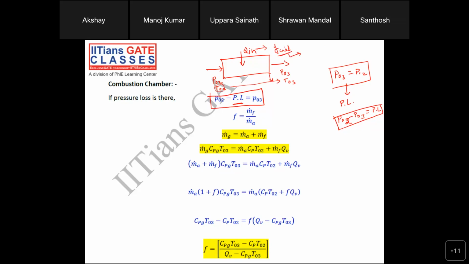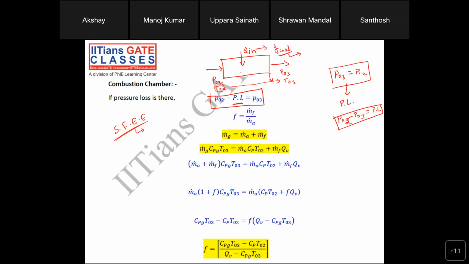For that, we will start from our fundamental understanding of how the energy equation works. Basically, we will call it SFEE. What is SFEE? Steady flow energy equation, or the first law applied to a flow process, right? You have studied this in your basic BTech courses or even in thermodynamics classes. What does the steady flow energy equation say?